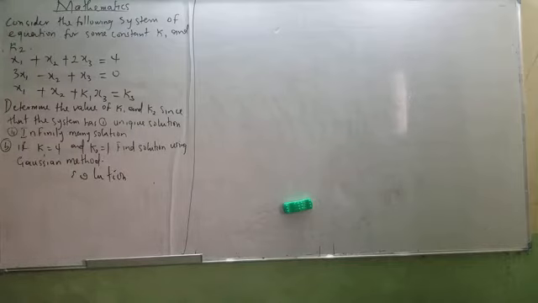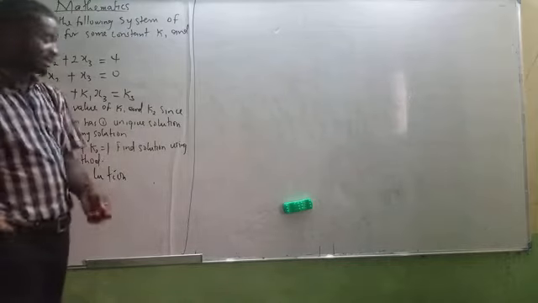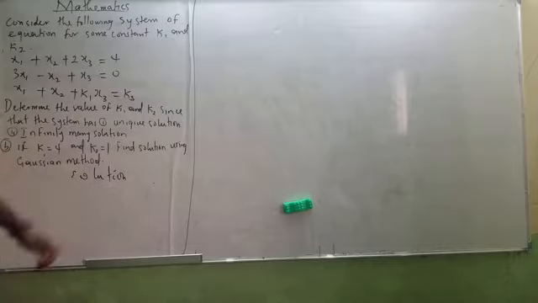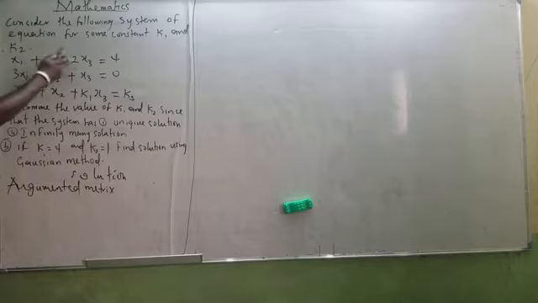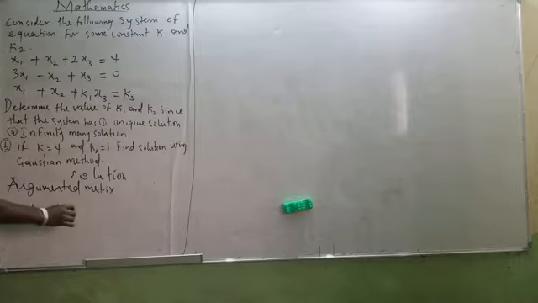Now, by now you know how to set up this thing, you know how to generate your augmented matrix. Let me write the augmented matrix. It will be equal to the coefficients of the given variables, which I'll be having 1, 2, and 4.